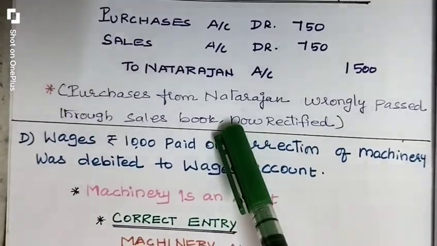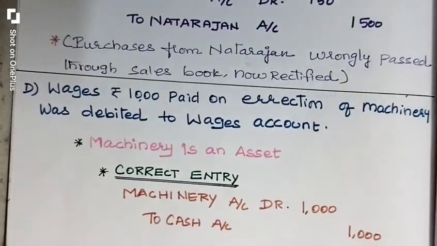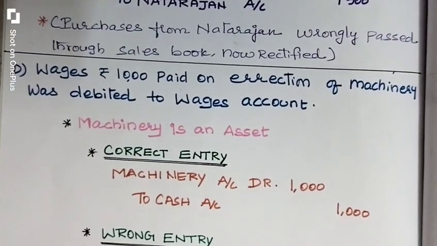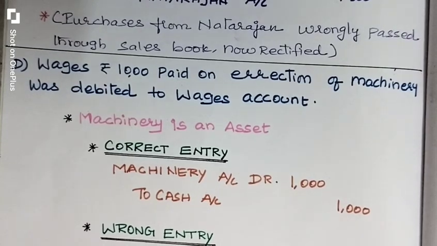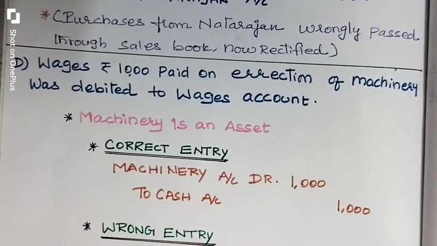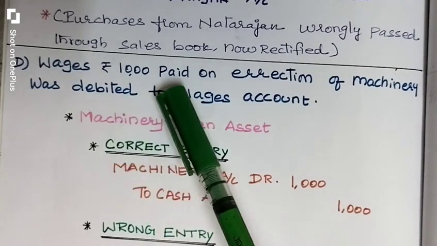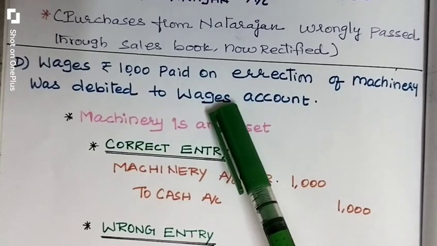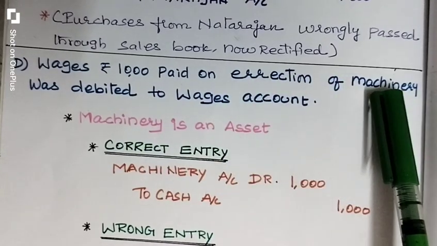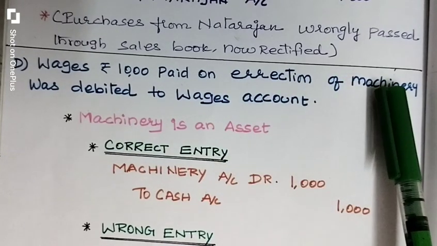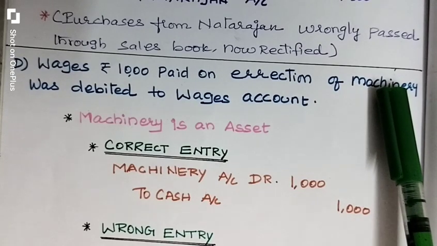Now rectified. The next transaction is wages of rupees 1000 paid on erection of machinery was debited to wages account. Listen, machinery is an asset, right? Whenever you purchase an asset, you have lots of expenses.